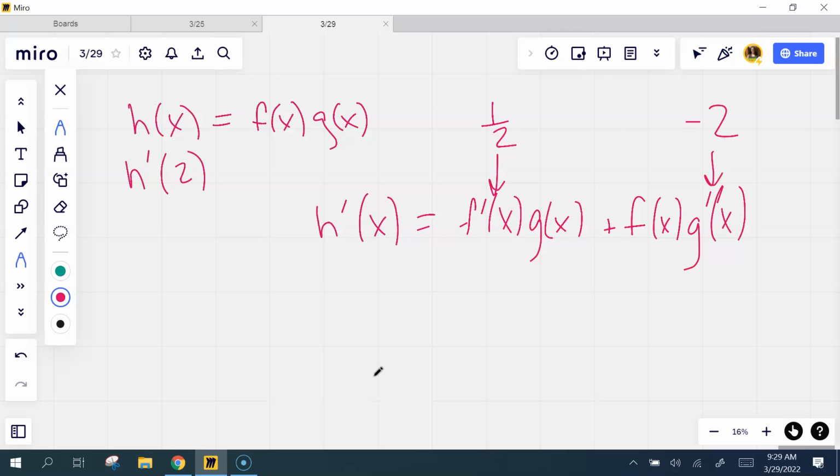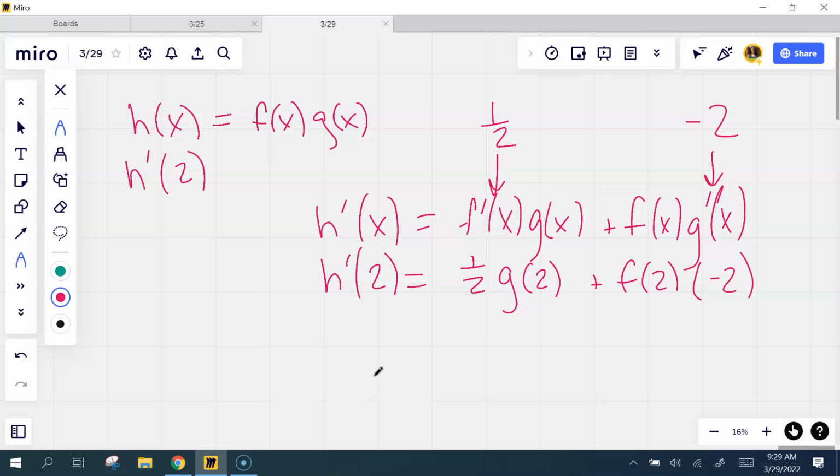So now to find h prime of 2, all I need to do is find g of 2 and f of 2. Well, those are points on the graph. g of 2 is 1. f of 2 is 3. And if you add those together, you'll get -11 over 2.